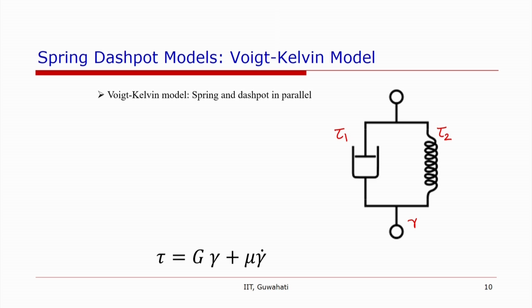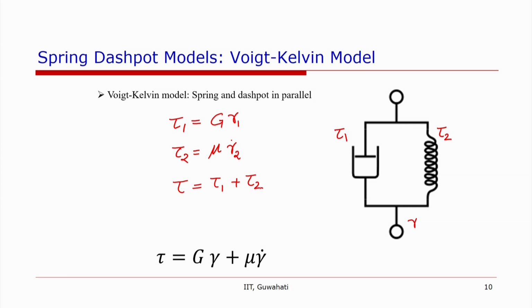So, we can write tau 1 is equal to G gamma 1 and tau 2 is equal to mu gamma 2 dot, and if we add those, tau is equal to tau 1 plus tau 2.